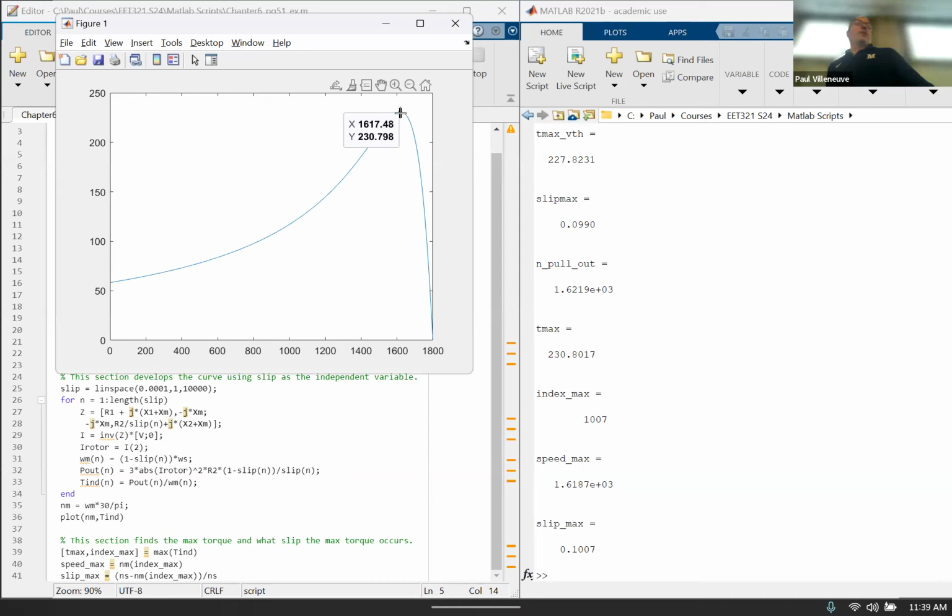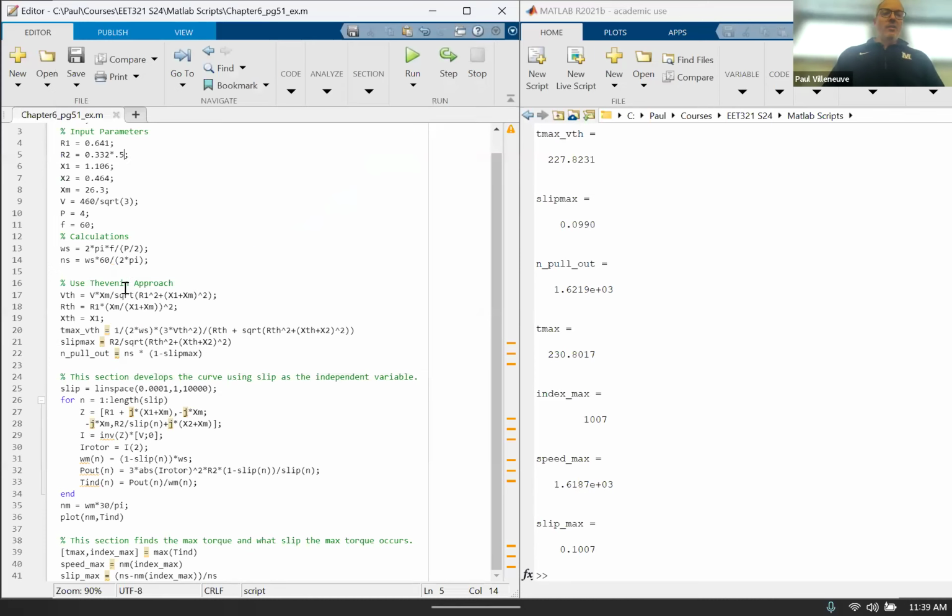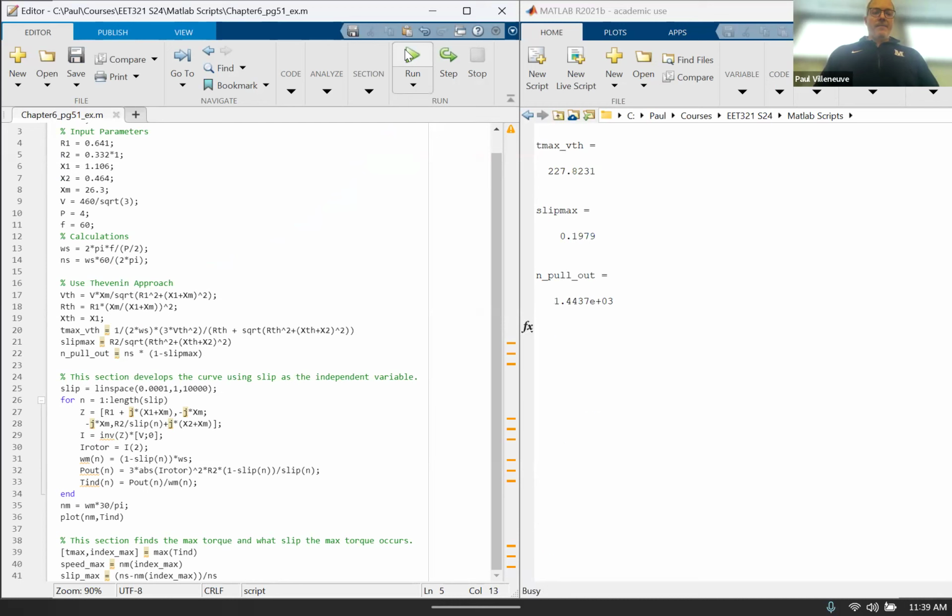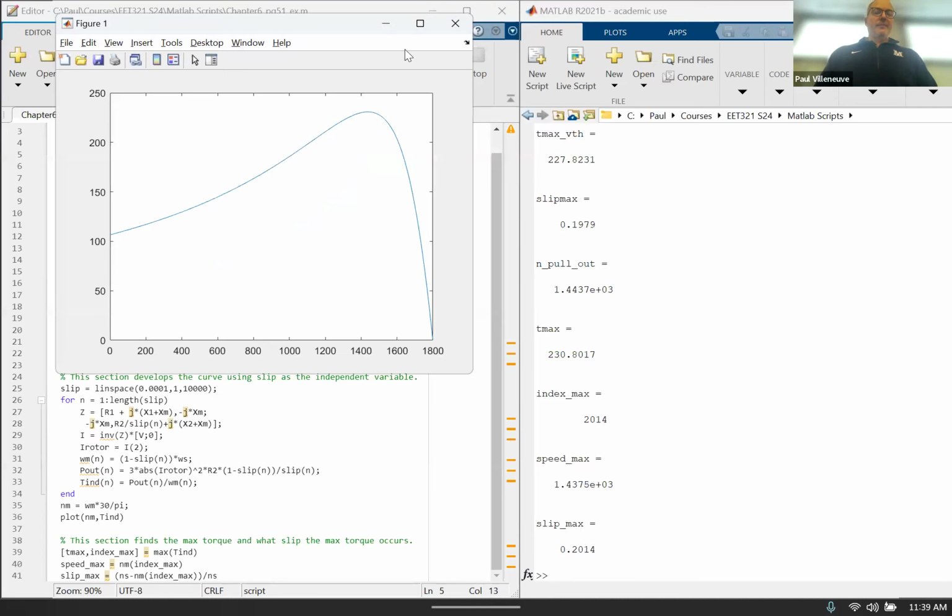So still 231 is the peak value, but look how steep it comes down. So this would be the best application if you're trying to maximize efficiency. But now look at my starting torque. It's way reduced, right? If you compare it to 1/2 to 1, it's almost double what the starting torque was.